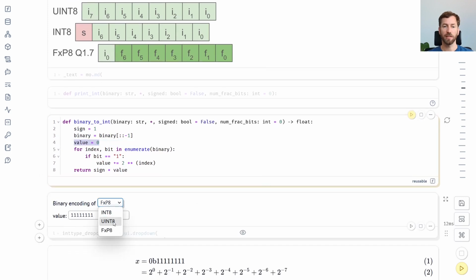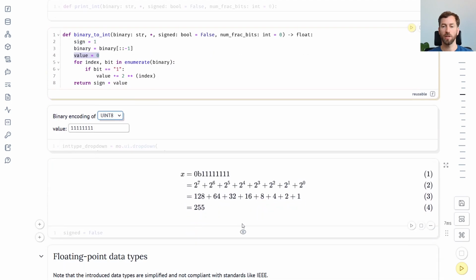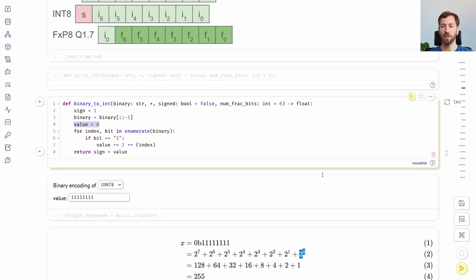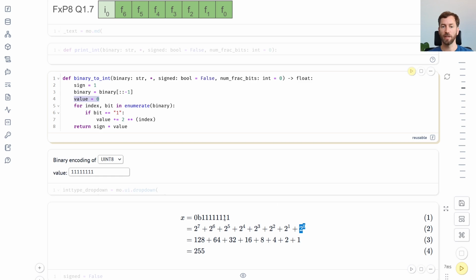So if we look at the output below, I can give you an example. The least significant bit is 1. The corresponding value is 2 to the power of 0, because the index is 0 for the least significant bit, this results in 1. The second bit is a 1, so 2 to the power of 1 results in 2, and so on.